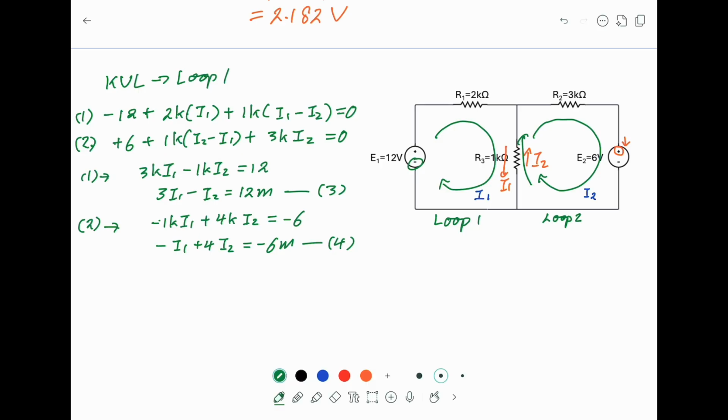Now again, we want to use elimination, substitution, or the matrix method to solve I1 and I2. Equation 3 plus 3 times equation 4. If you focus on I1, this is how I can eliminate I1. And minus 1 plus 3 times 4 equals minus 1 plus 12. It means 11. So we have 11 I2 here.